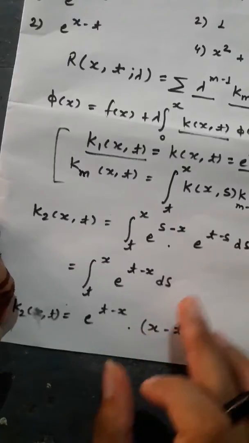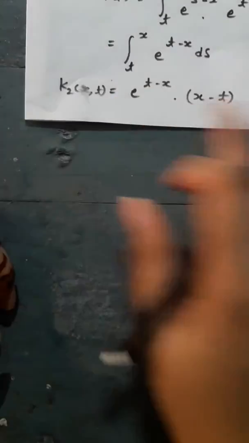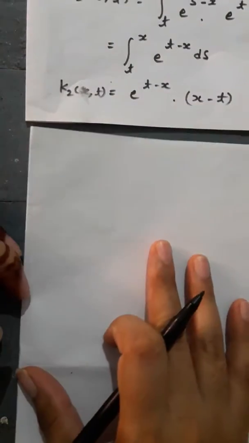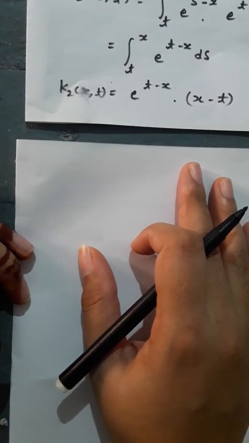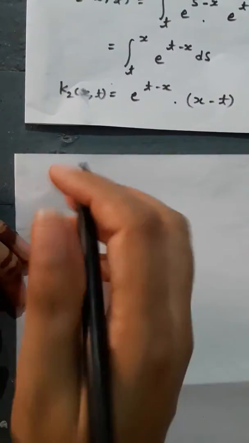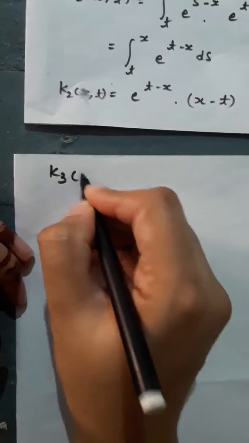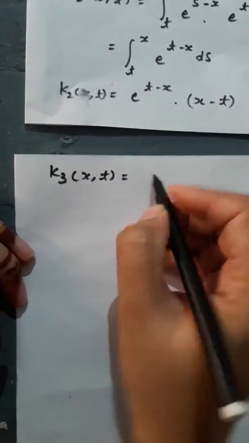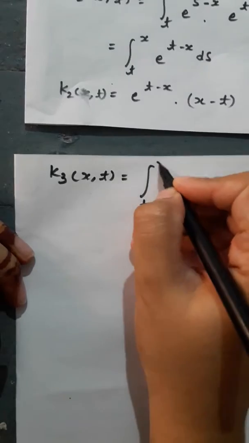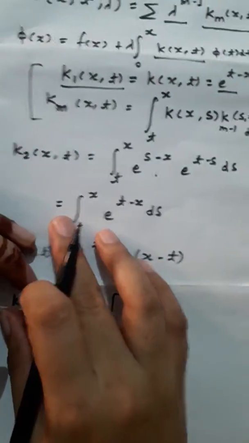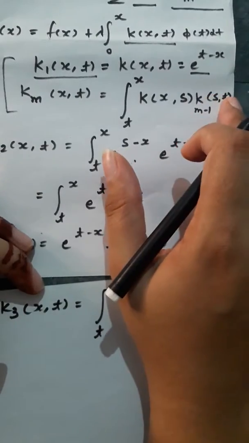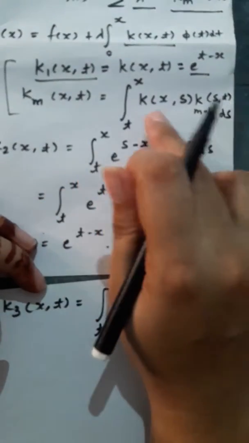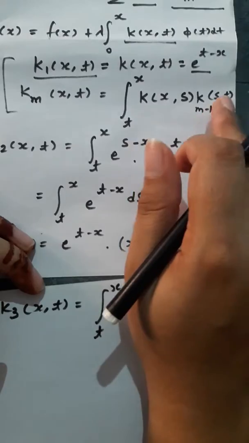So after getting K2 of x comma t, now I am going to find K3 of x comma t. After finding K2, K3 or K4, we can generalize the Km of x comma t, right? So I am going to find K3 of x comma t now. K3 of x comma t will be equal to the integral t to x. See the formula, t to x, k of x comma s, K m minus 1 of s comma t. So K3 of x comma t will be k of x comma s, K2 of s comma t.